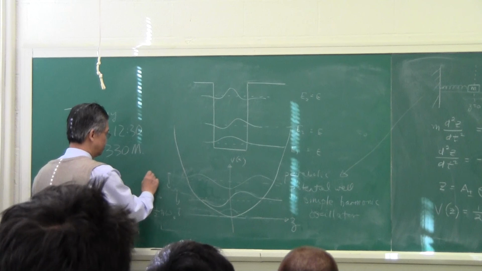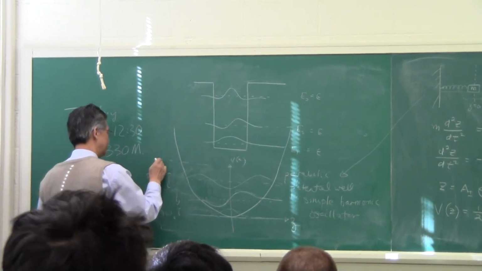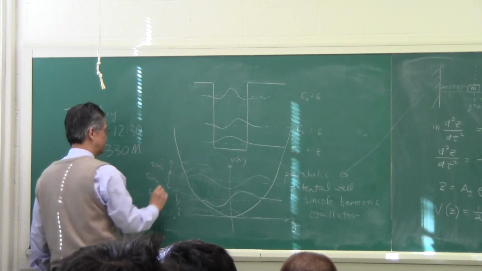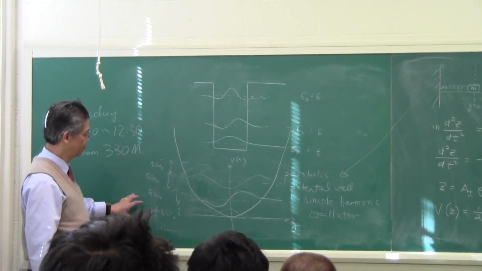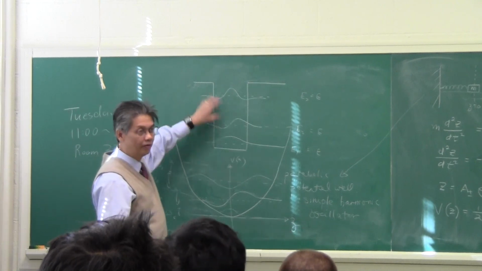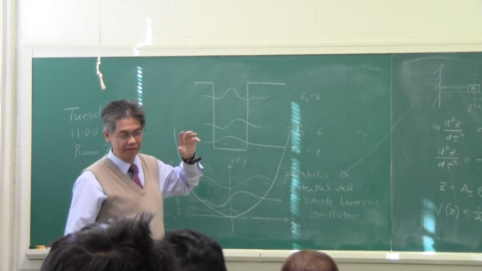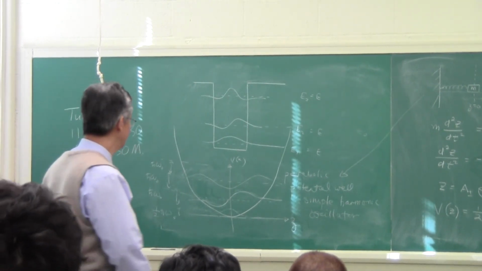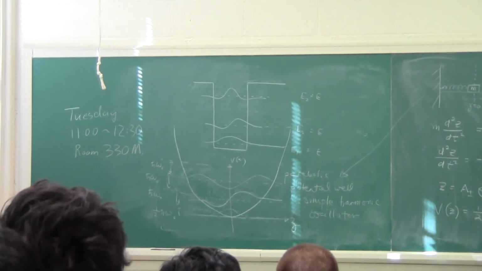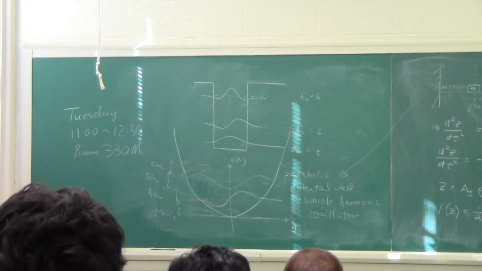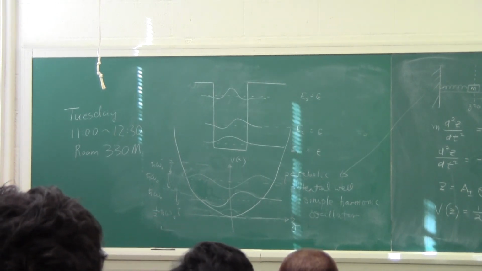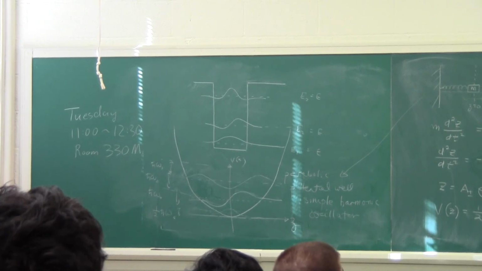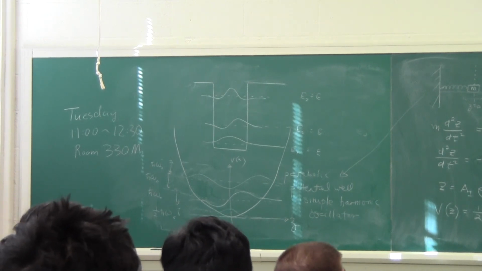The third one is also h bar omega naught, and the next one up is also h bar omega naught. They are all equally spaced. Whereas the ones trapped in the square potential well or infinite potential well are not equally spaced. But all the energy levels of this very special harmonic oscillator are given by this very special formula, E sub n is equal to (n plus half) h bar omega naught.